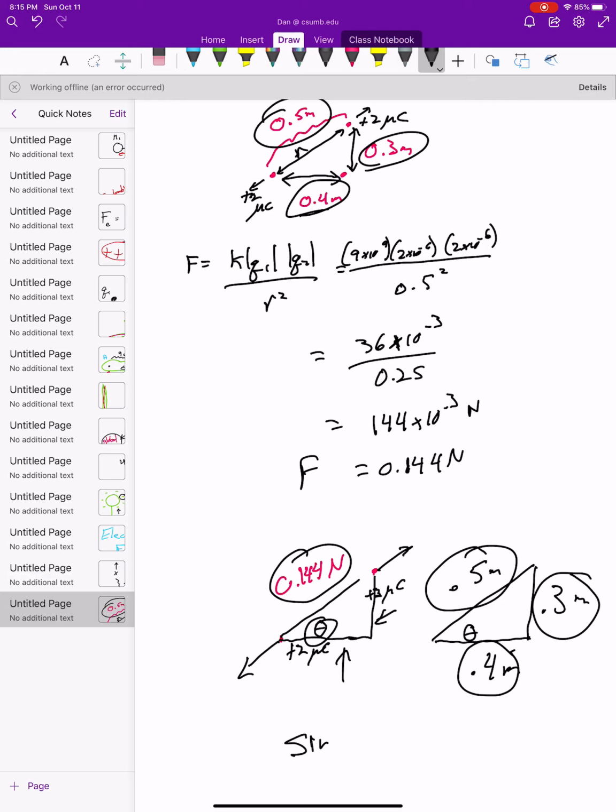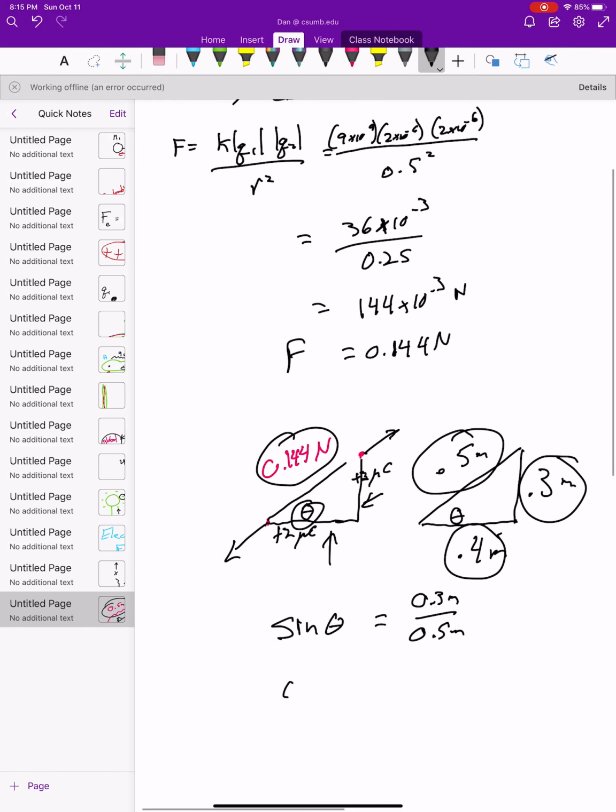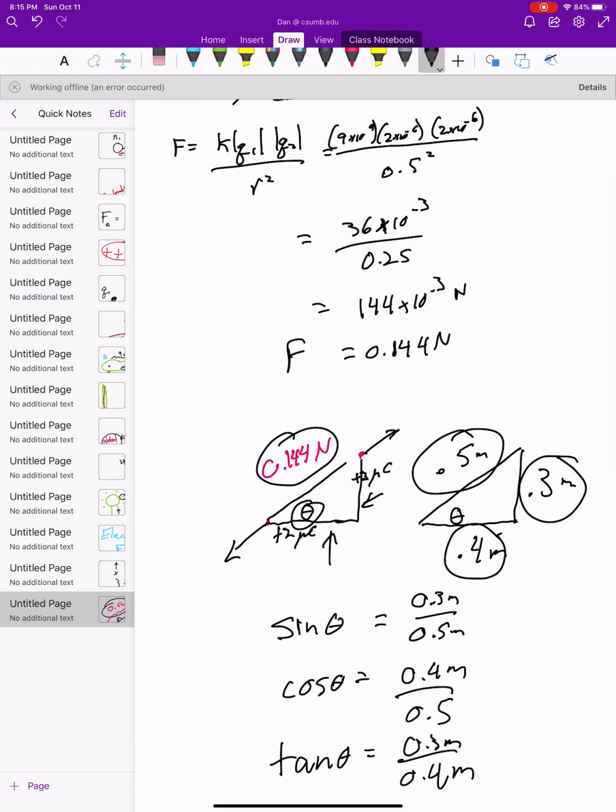So I could say sine of theta in this case is equal to the opposite side divided by the hypotenuse. Or I could say cosine theta is equal to the adjacent side divided by the hypotenuse. Or I could say tangent theta is equal to the opposite side divided by the adjacent side. Any of those will work and give me the proper angle, 36.9 degrees in this case.